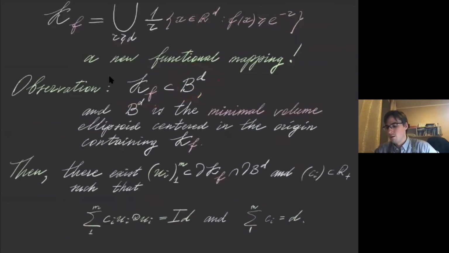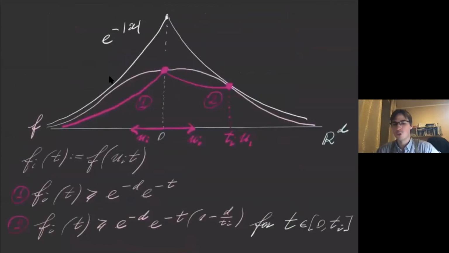Well, then you can recall the John condition for the Löwner ellipsoid, which looks just the same as the standard John condition, and this allows you to inscribe simple exponents in the subgraph of the function f.